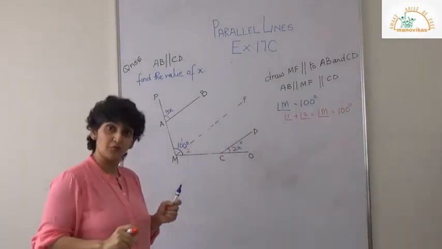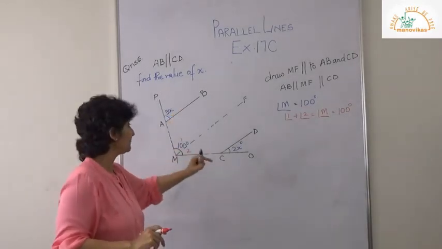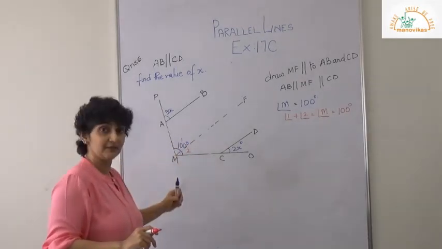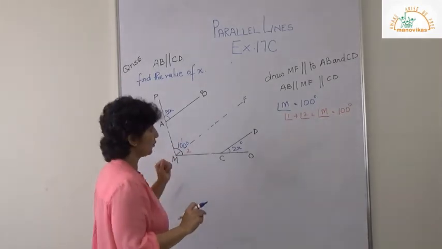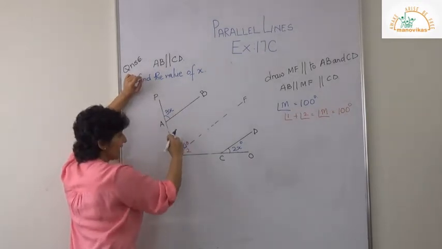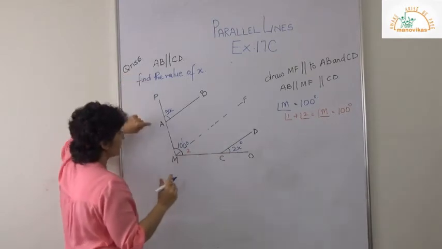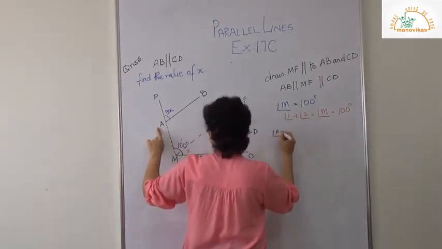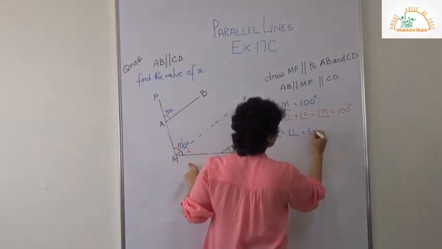Correct? If you follow, I've drawn MF parallel to AB and CD. Then let's divide the angle M as angle 1 and angle 2. So now what do we get? You know that angle A is equal to angle 1, which is equal to 3x.